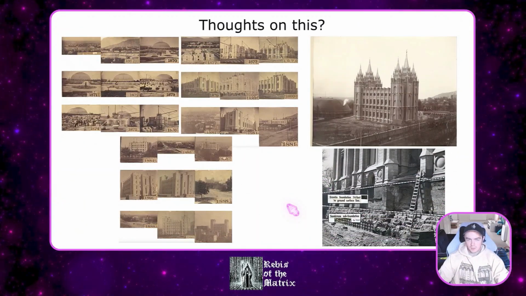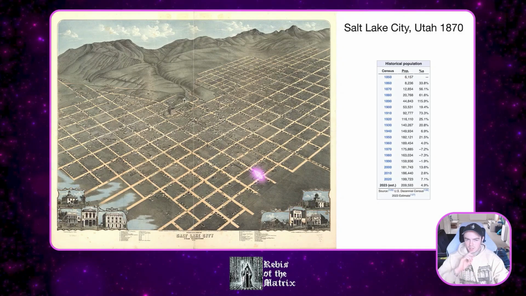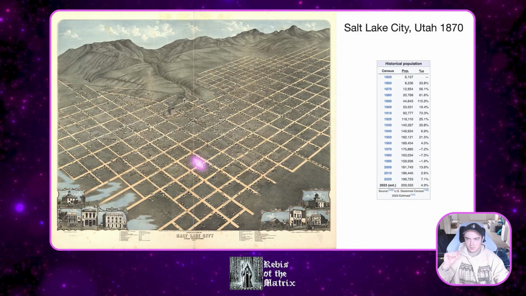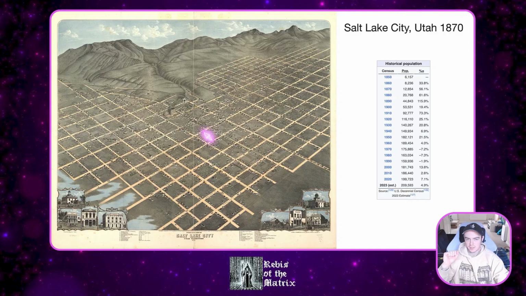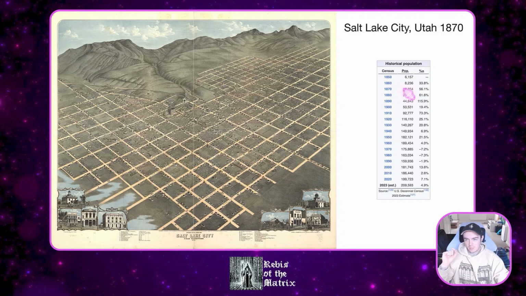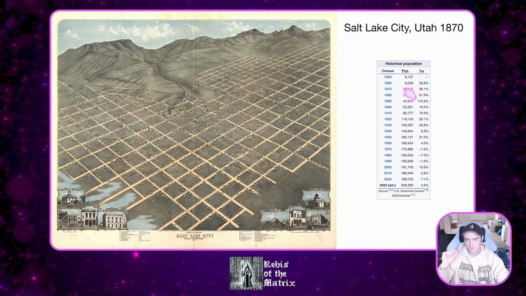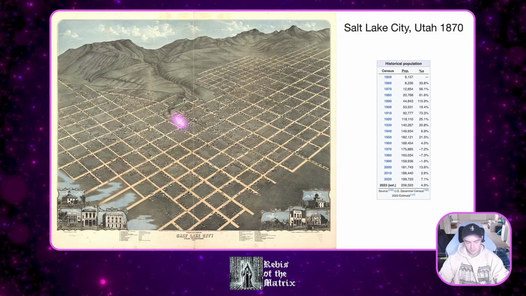And I wanted to then show you this. So this is one of the panoramic maps made of Salt Lake City in 1870. And this shows a population of just under 13,000 people inhabiting this land.